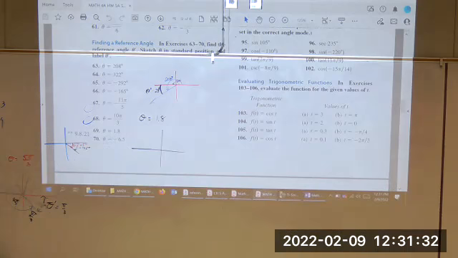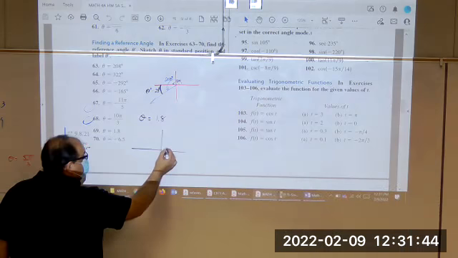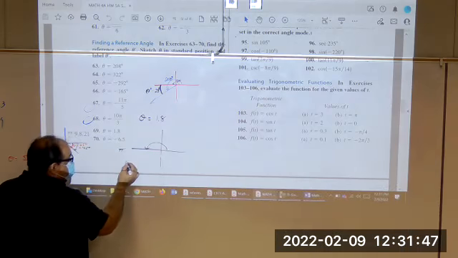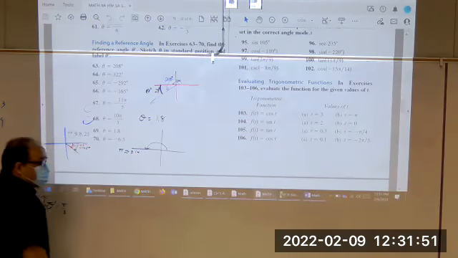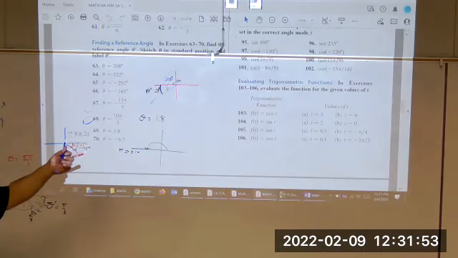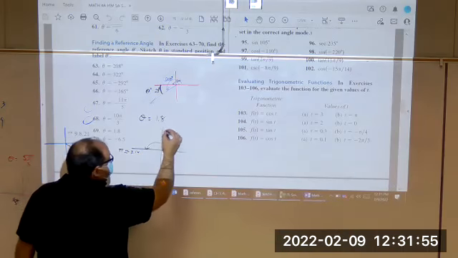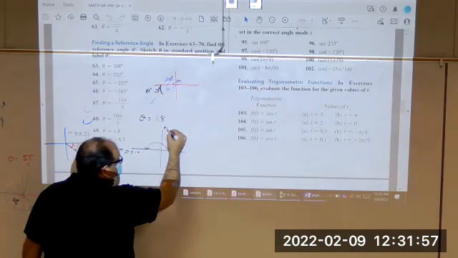What quadrant would 1.8 radians terminate in? Quadrant 2. Because we know this is pi, approximately 3.14 radians, so that's smaller. 90 degrees is pi over 2, straight up here.